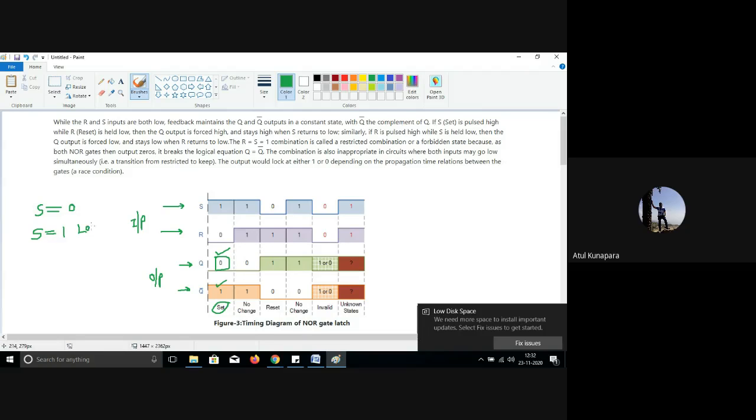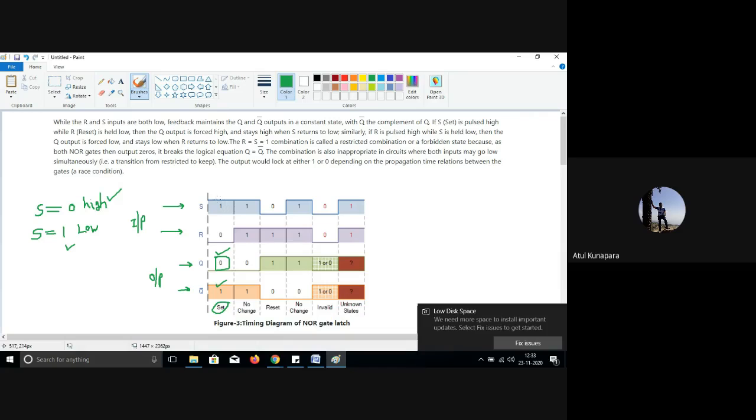In digital, we have low and high conditions. So here 0 is considered to be a high condition and 1 is considered to be a low condition. That is for all the signals R, S, Q and Q bar. All of them are working with this, right? So when I say 0 you consider it to be high, and when I say low, it means 1, right?